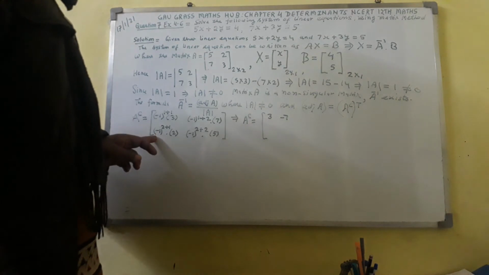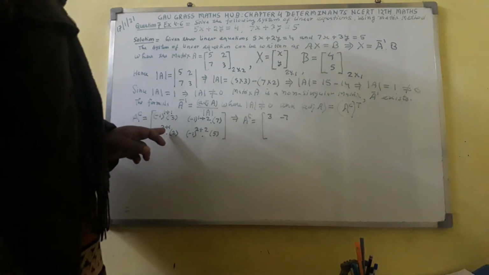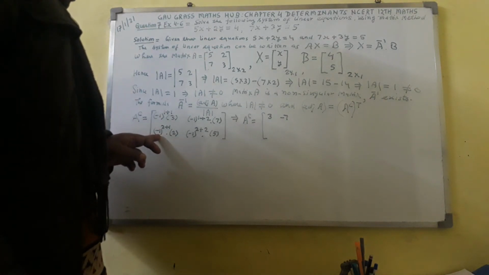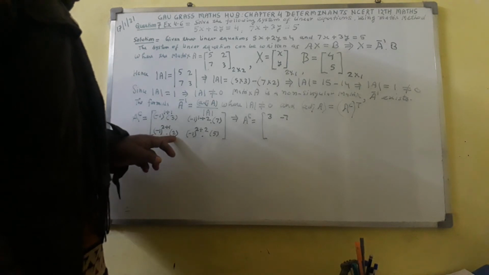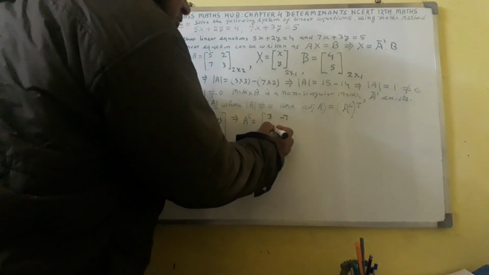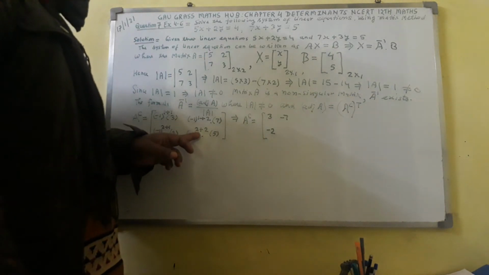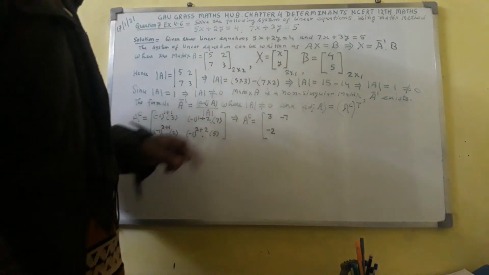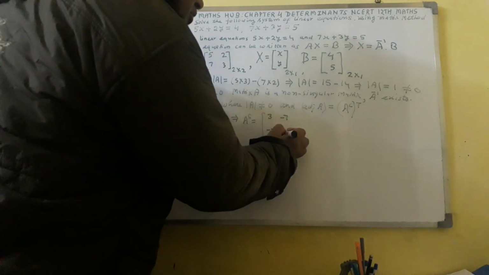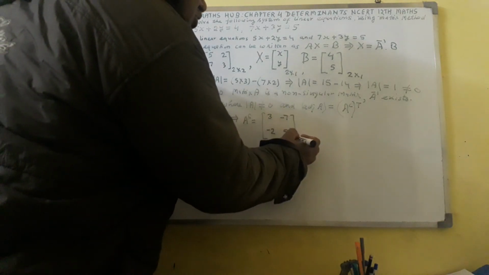And here -1 raised to power 3 comes out to -1. -1 multiplied by 2 comes out to -2. And here -1 raised to power 4 comes out to 1. 1 multiplied by 5 comes out to 5. This thing you have got.